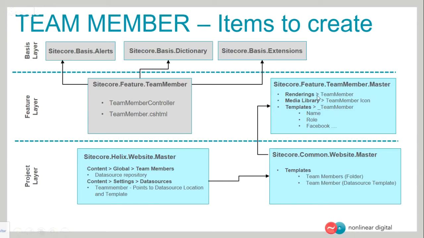So basically, instead of using the team member template directly, we are creating a separate template with a good-looking icon and all that, that inherits from that. And we are using that instead. Dependencies. I said references. Dependencies. Thank you.